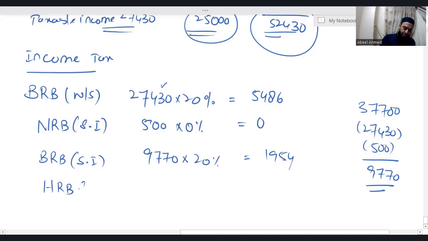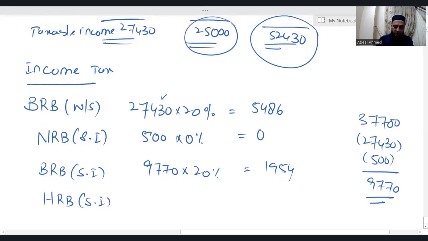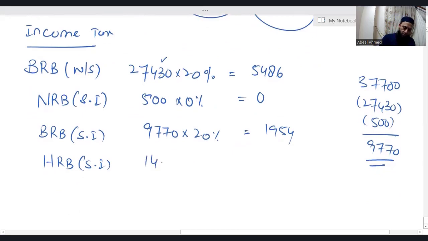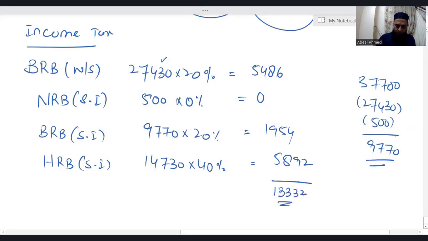Higher rate band, saving income: 25,000 minus 500 minus 9,770, I'm getting 14,730, where the applicable tax rate is 40%. That gives 5,892. Adding 5,486, 1,954 and 5,892, I'm getting an income tax liability of 13,332.